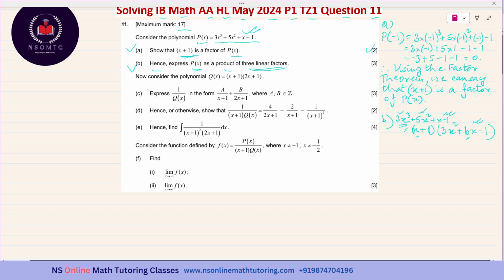Let us try the x squared. Okay. So how can we get x squared? X squared can be obtained when 1 is multiplied with 3x squared. So I'm just expanding the right hand side for the x squared term.